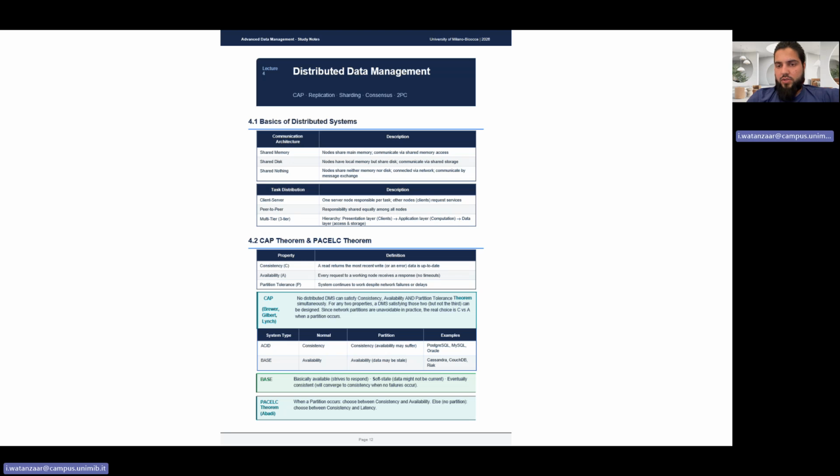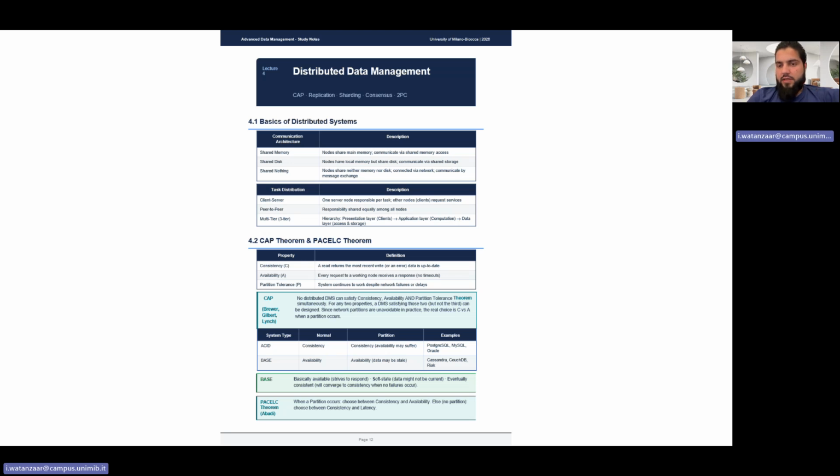So when partitions are happening, ACID prefers consistency and availability may suffer here. But BASE prioritizes availability, mostly in MongoDB or NoSQL, and ACID compliance, which prioritizes consistency, is mostly in the RDBMS, Relational Database Management System, or SQL.